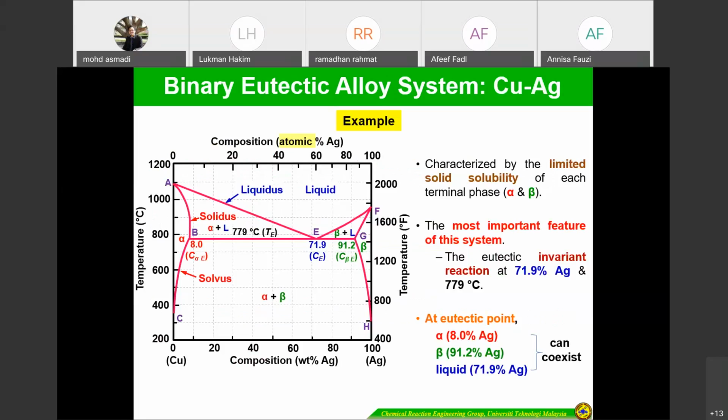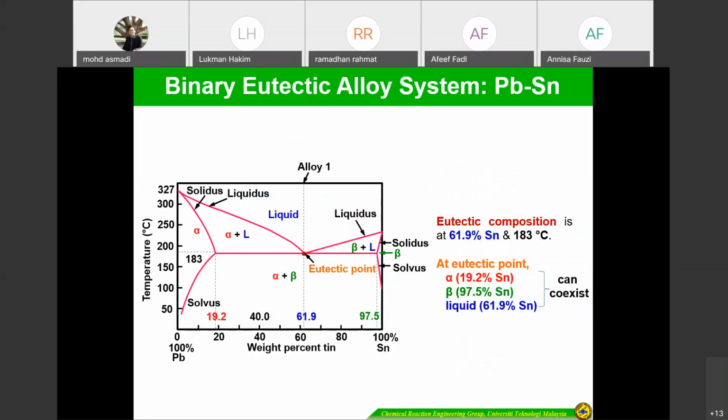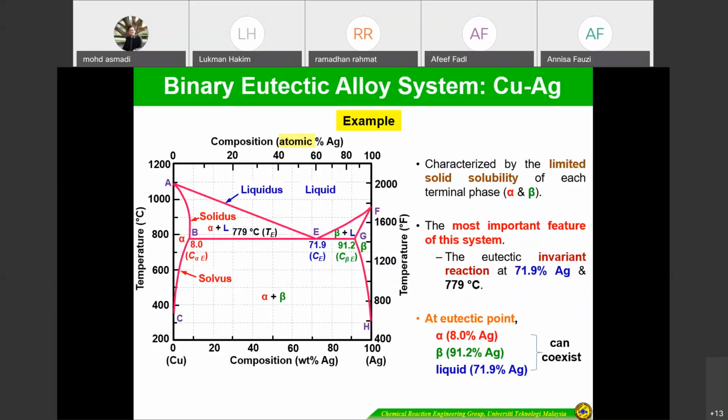To the example, some example of a binary eutectic alloy system for copper and silver, argentum. The compositions are atomic percent of argentum.